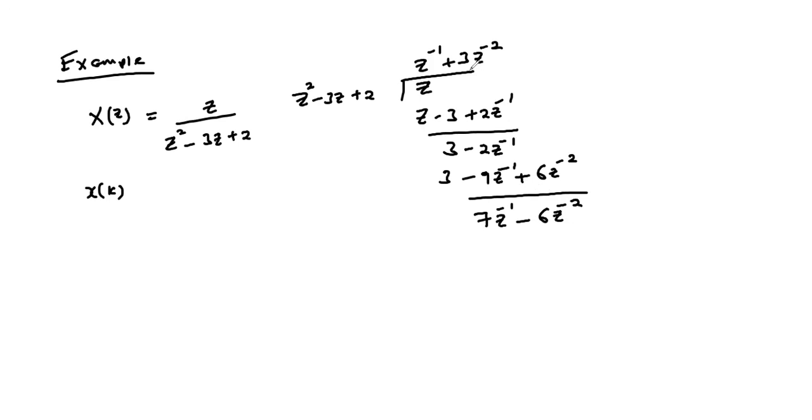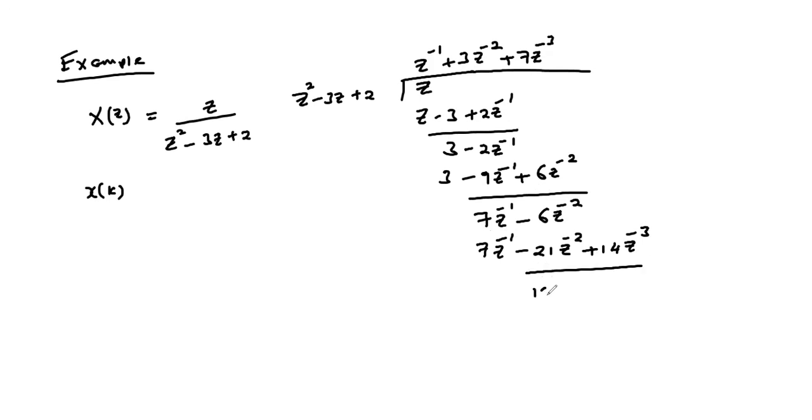Then again, upon division, we multiply this by 7z power minus 3 to get 7z power minus 1 minus 21z power minus 2 plus 14z power minus 3.